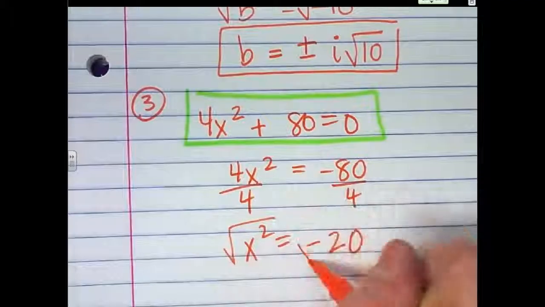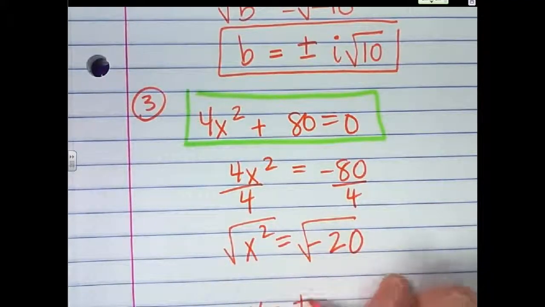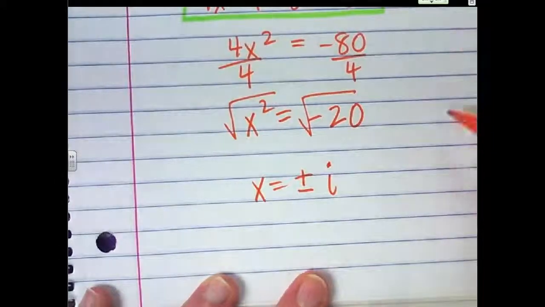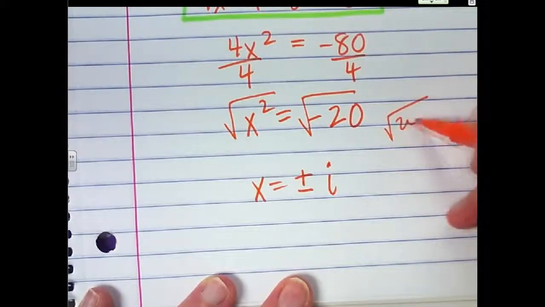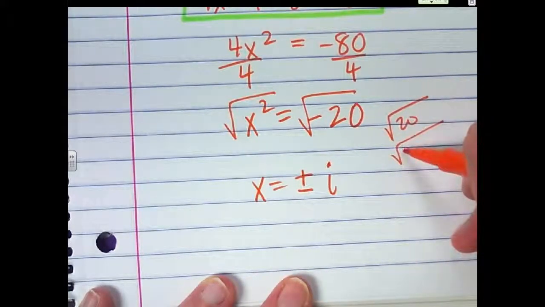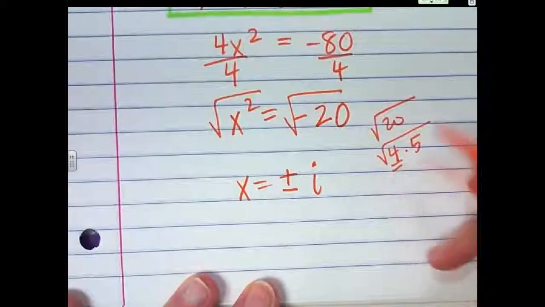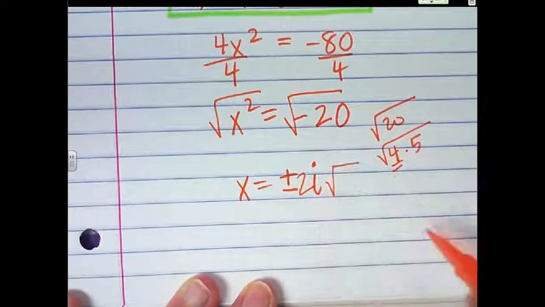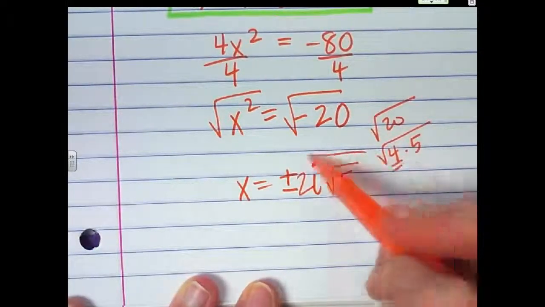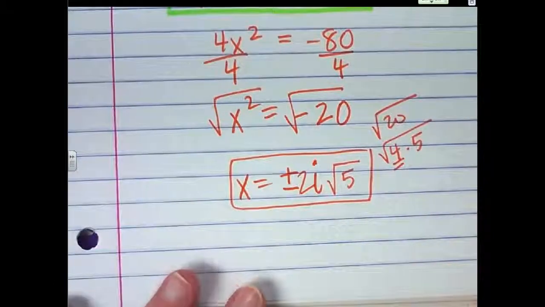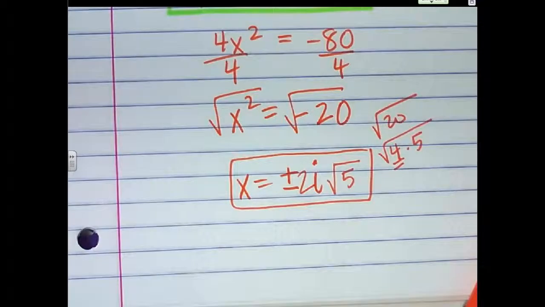Square root, plus or minus i. Are we getting better at breaking down our radicals? Good. So bring out this 2. So 2i square root 5. Plus or minus 2i square root 5. Easy for solving? Okay.